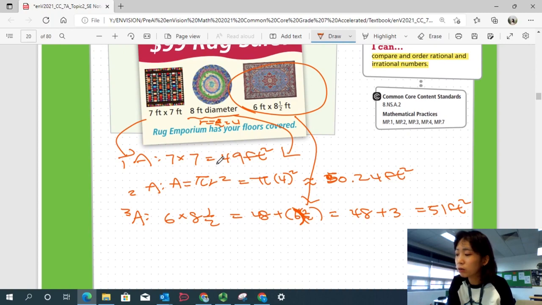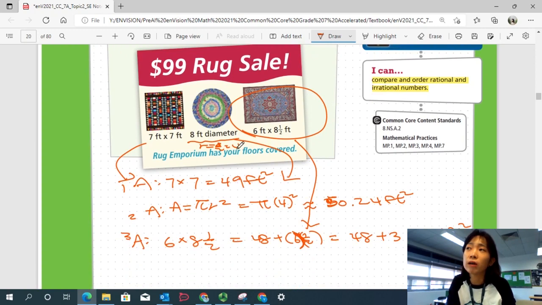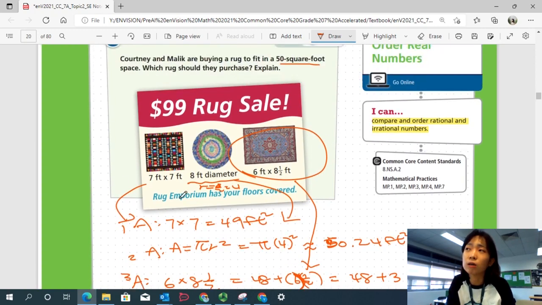And only the square rug has an area less than 50 square feet. So if they want to fit the 50 square foot space, it has to be less than 50 square feet. Actually, I would buy the biggest one, but Courtney and Malik would probably buy the smallest one here because that's the only rug that fits into the 50 square foot space.